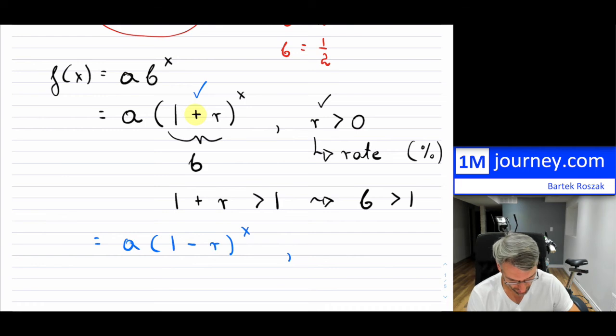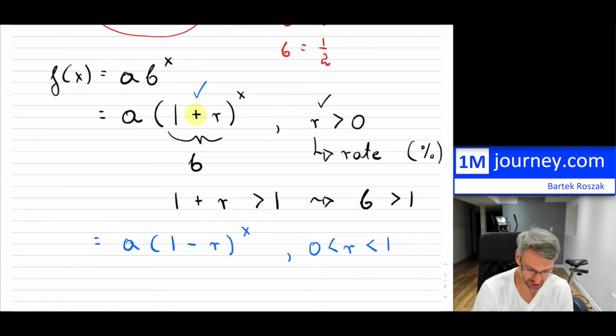So what I'm going to do here is say that r is going to be greater than 0, but it's going to be less than 1.